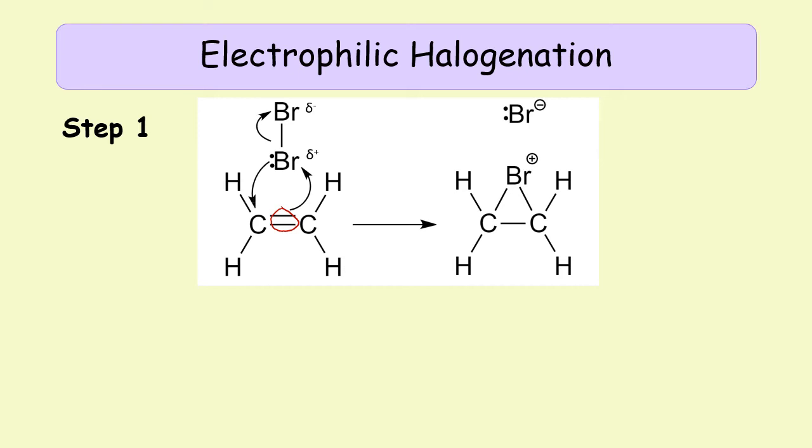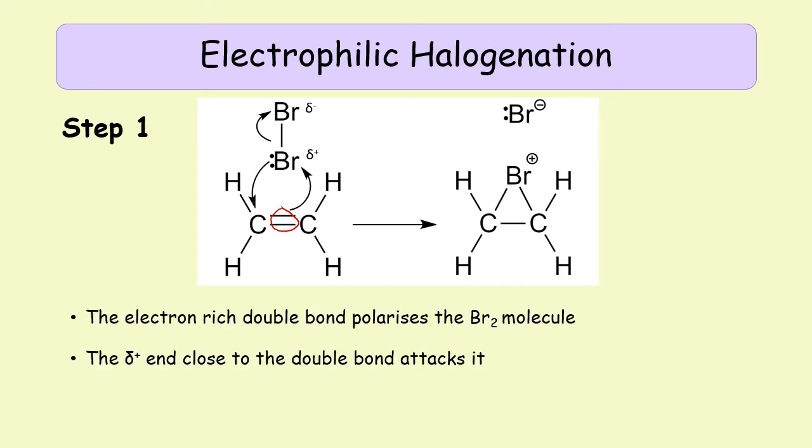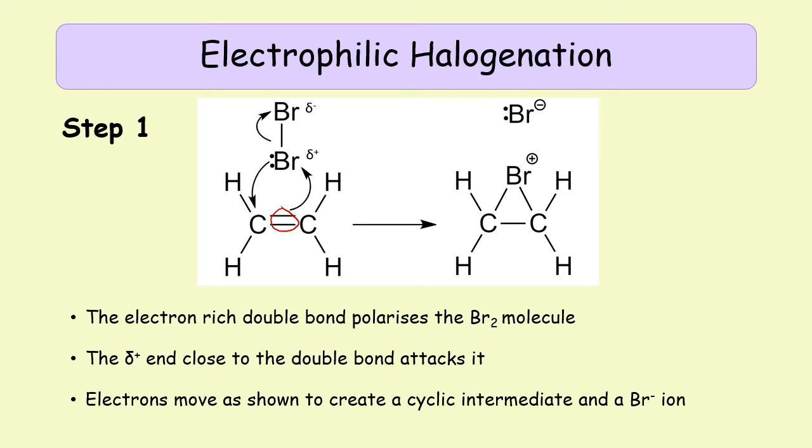The second step in this mechanism involves that bromide negative ion attacking one of the carbons in that carbon-carbon-bromine ring.